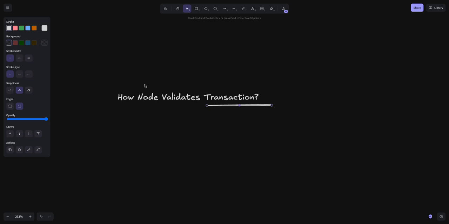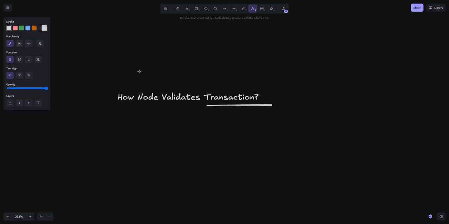What is a node? In place of the bank in our real life example, in Web3, or I would say in Bitcoin, the node takes care of this transaction. How does it do that? That's the point.